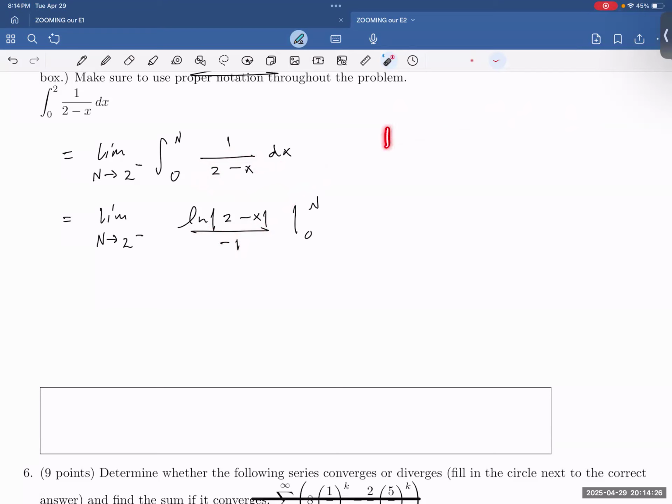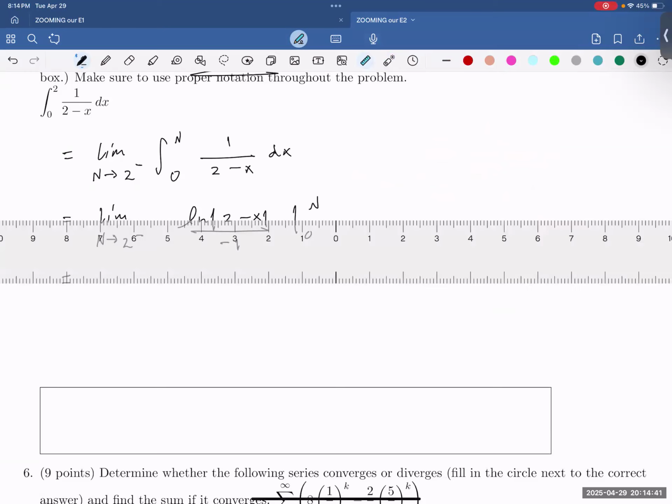What you can't do, 1 over 2 minus x, is not the same as a half minus 1 over x. It is not the same as this multiplied. So you can either remember how that natural log works or do a u sub.